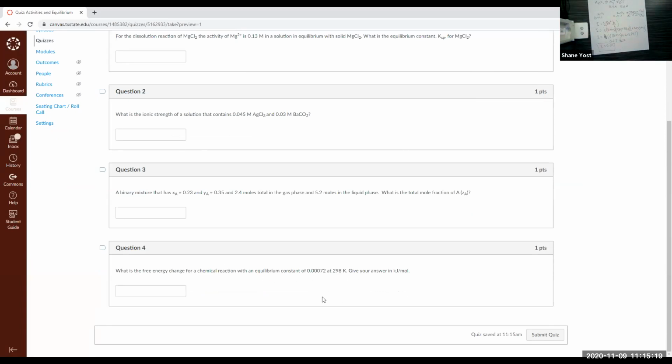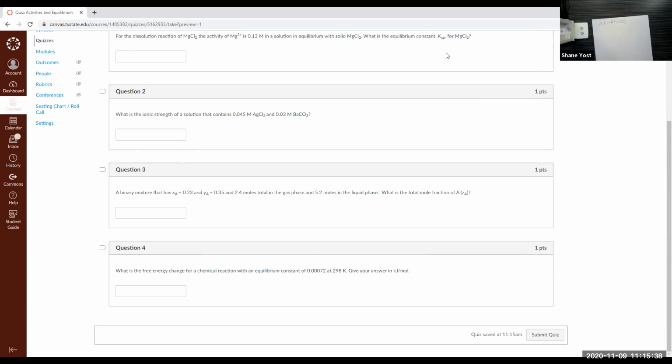All right. So for this one, you just use that relationship between delta G and K, right? Back to delta G. So what we're trying to calculate is just minus RT ln of K. That's what I did. It was wrong.